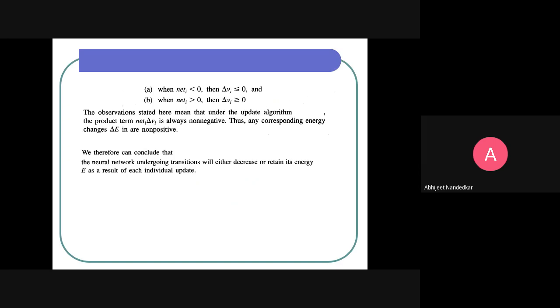So these observations stated here mean that under the update algorithm, the product term net i into change in Vi is always non-negative. Thus, any corresponding energy change is also non-positive. Therefore, we can conclude that the neural network undergoing transition will either decrease or retain its energy.